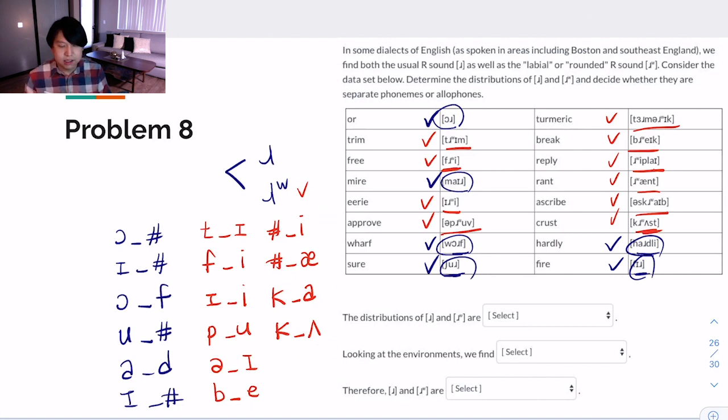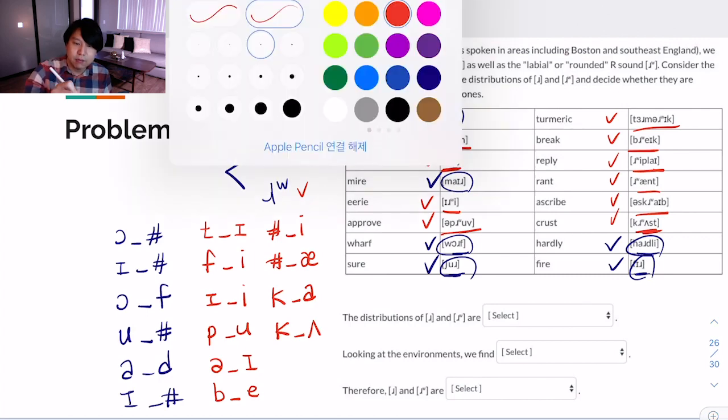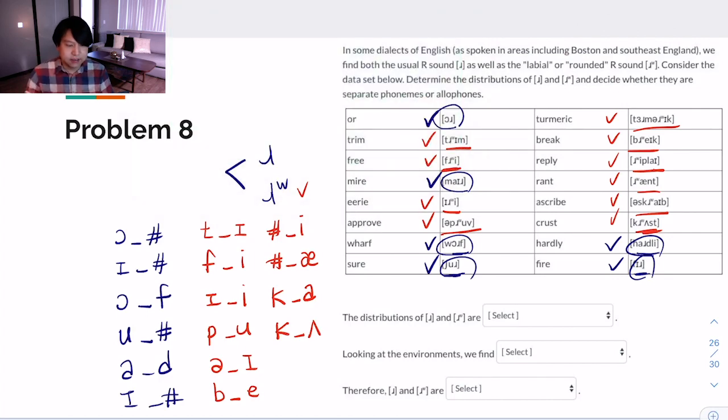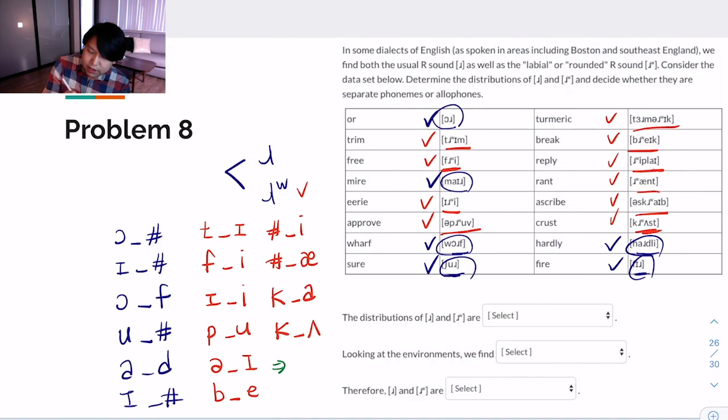So easily we can generalize these two lists: the second list can be generalized as an environment before a vowel, while the first list is either before a consonant or word final position.